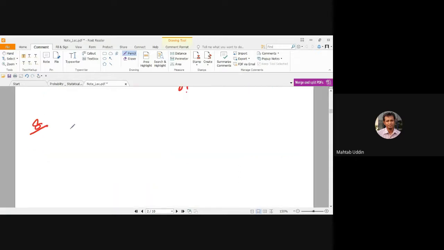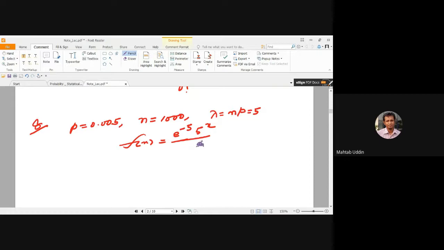Now, P is 0.005, N is 1,000. So lambda equal to NP is 5. That is f(x) is e to the power minus 5, 5 to the power x, by x factorial.